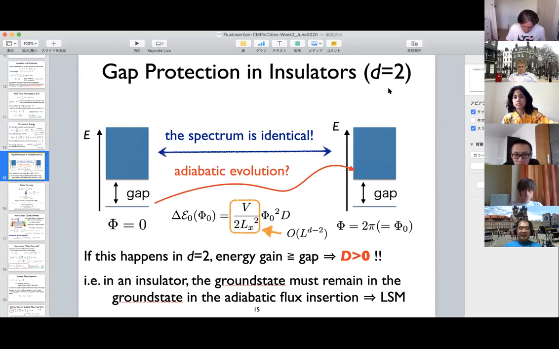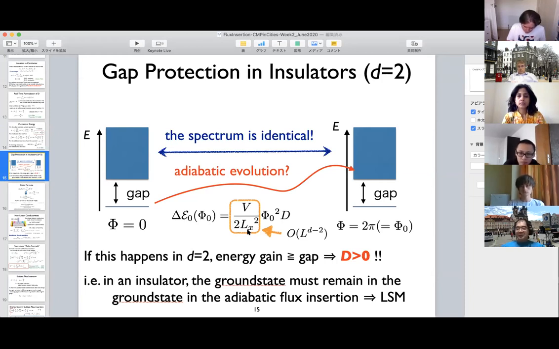So, yeah, especially in 2 dimensions, this is interesting because this energy gain during the adiabatic evolution is related to the Drude weight. But this phi 0 is just a constant 2 pi, so it's not so important. But this factor is volume divided by system size in x direction squared.